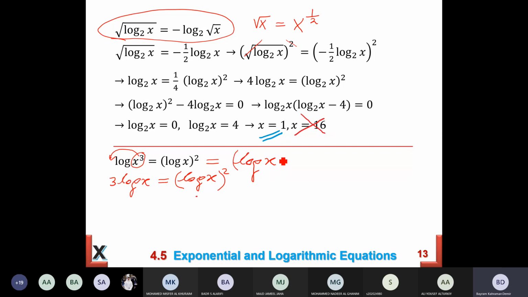That means logarithm of x multiplied by logarithm of x. That square means logarithm of x times logarithm of x. That's all we can do. There is no other property. Please make sure that you are memorizing the properties, Shabab. Okay, right. Thank you, doctor.